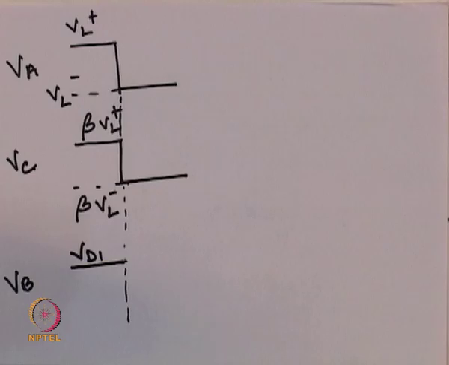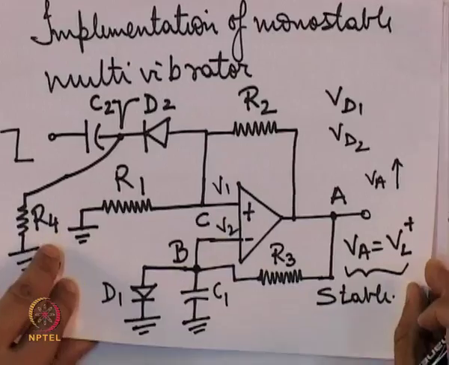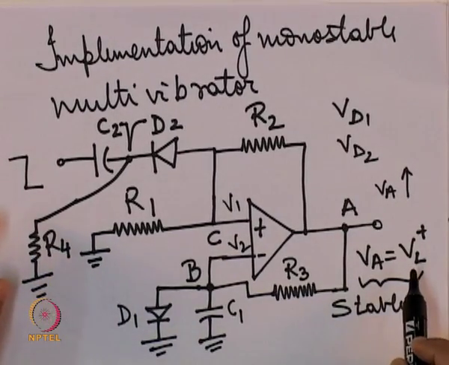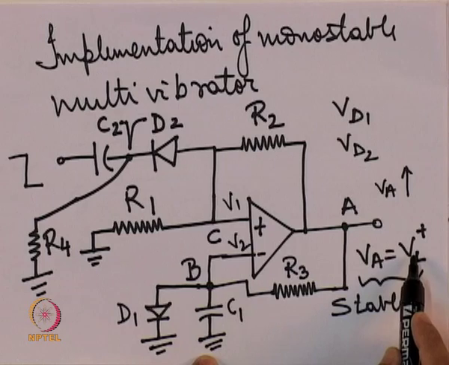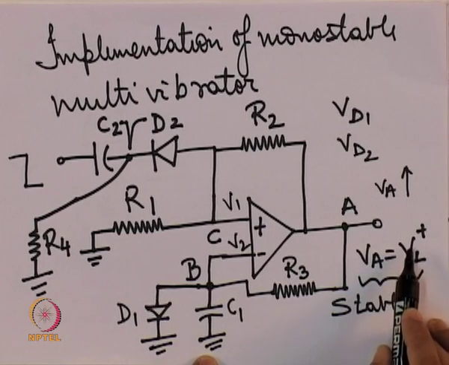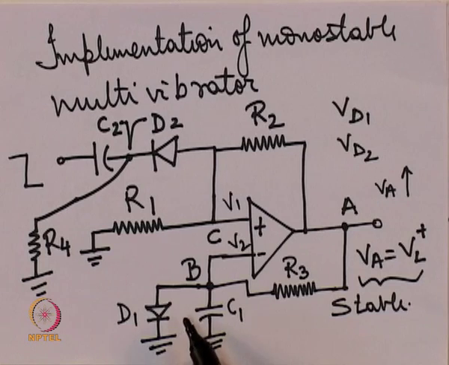And then once VA transitions from VL plus to VL minus, what will happen? Now, VL minus is much more negative as compared to VL plus.